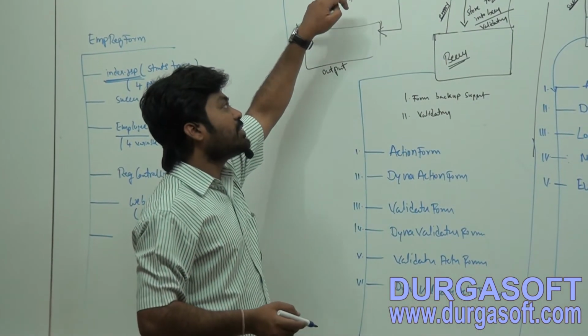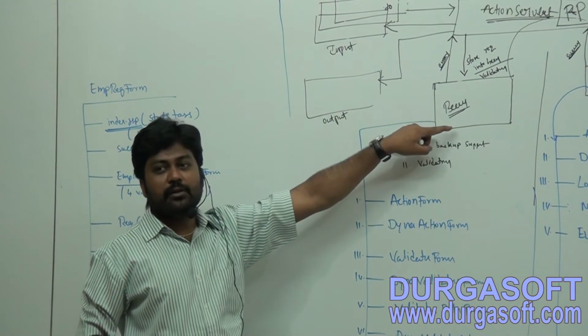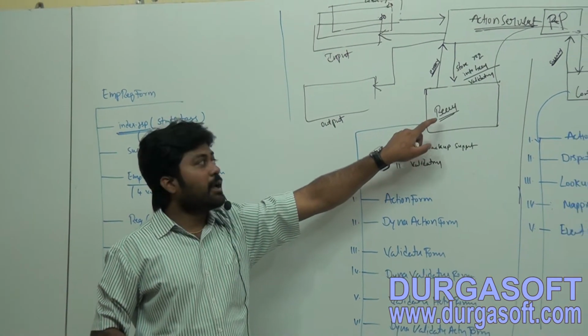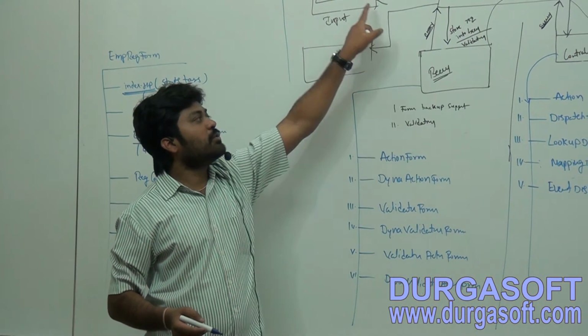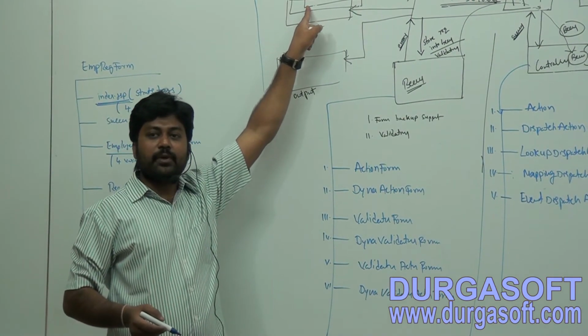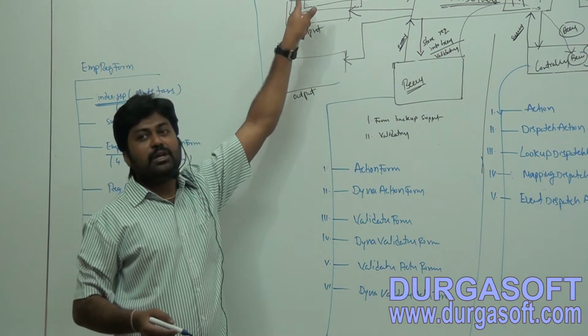Which types of mappings are required here? First, to send input data to the bean, we need a mapping between input and bean. And to send validation errors back to the input, we need a mapping from bean to input form again. So here we require 2-way mappings, input to bean and bean to input.